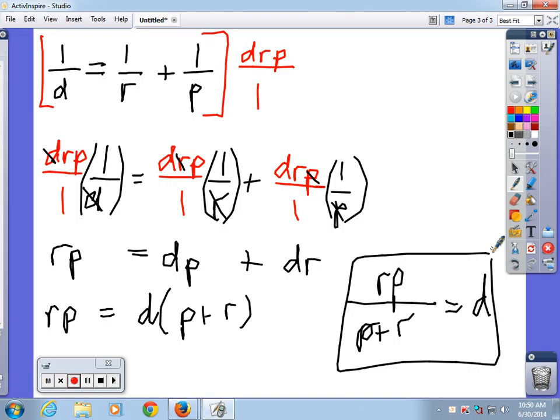The answer is RP over P plus R equals D. If I divide both sides by P plus R. No, I understand that. What I'm saying is, I need to put D equals RP over P plus R.